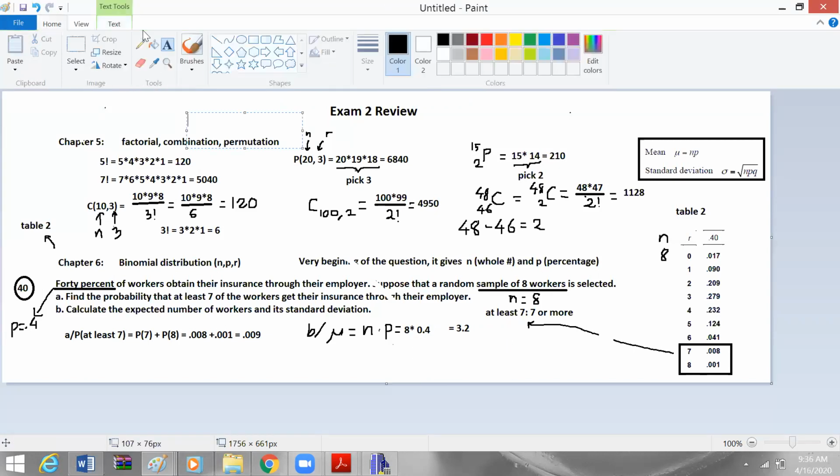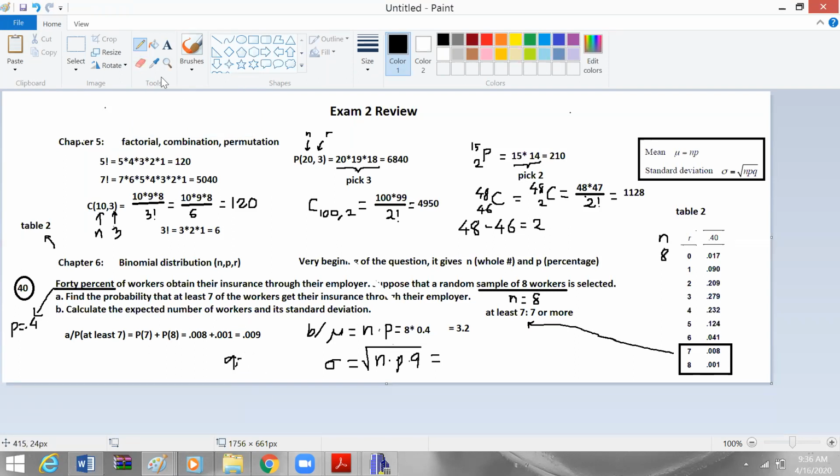So what is the standard deviation? We can check the formula for that. Okay, so the standard deviation that we have is the radical of N P Q, right? So what is N in this case? N is 8, and then P is 0.4, and then Q is 1 minus P, right?